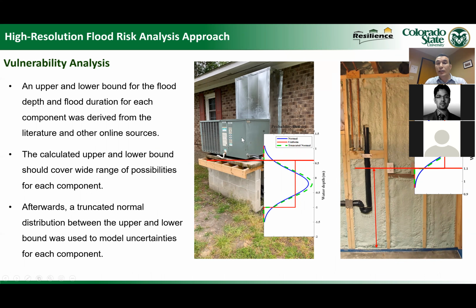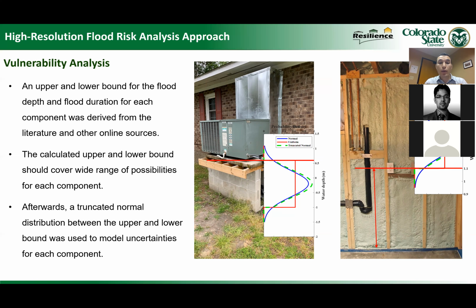For the EC unit, there's a high uncertainty in its elevation. It could be resting on the ground or it could be elevated by 2 feet, as shown in this figure. So we developed a truncated normal distribution that propagates the uncertainty of the location of the EC unit between an upper and lower bound of the elevation.